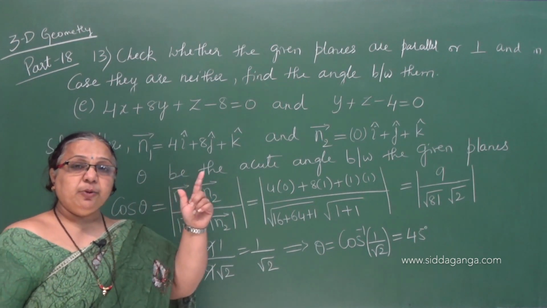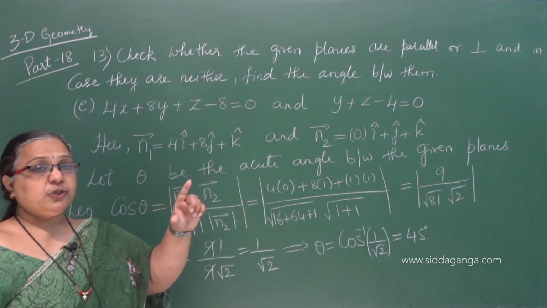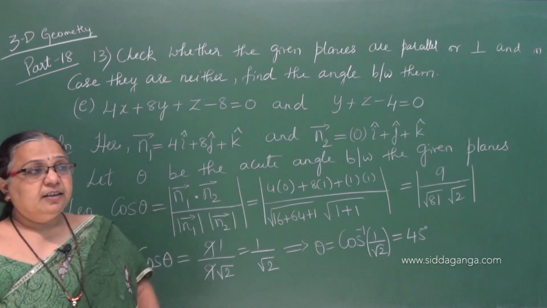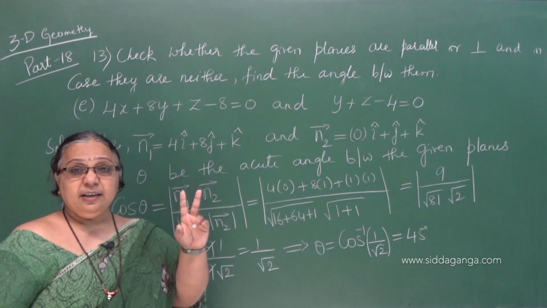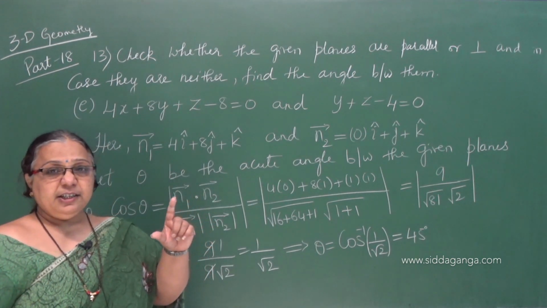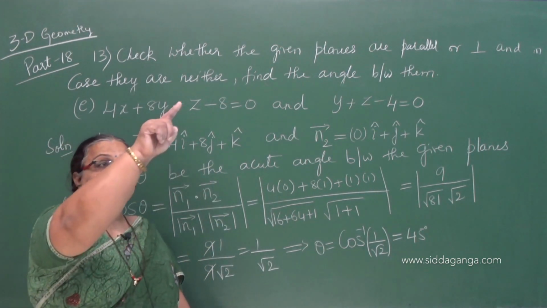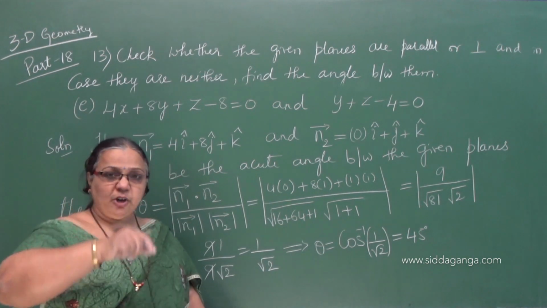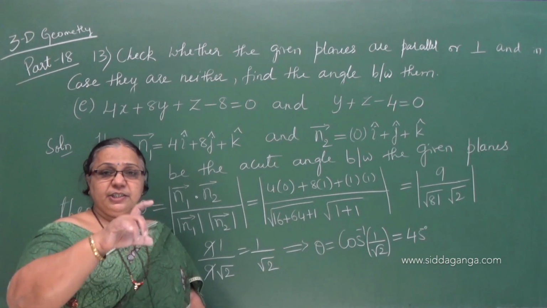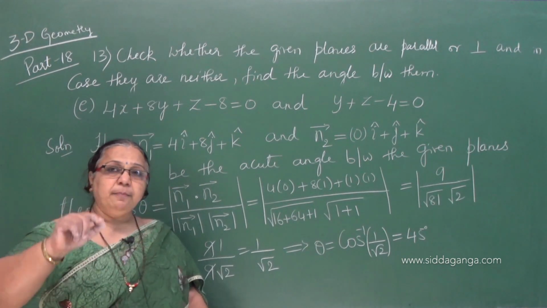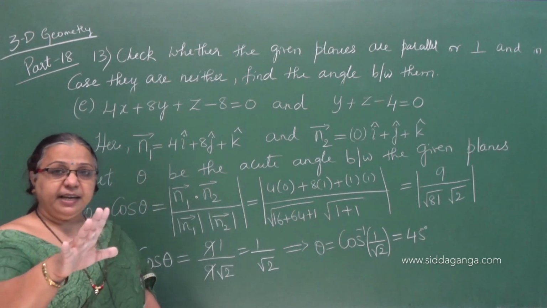Between a point and a plane, we are going to find the distance between those two. Just as in the first year straight line chapter, the distance between a point and the line: we draw a perpendicular from that point to the line, and that perpendicular distance represents the distance between a point and the line. Here also a point is given and the plane is given.